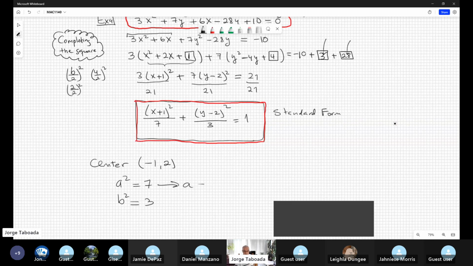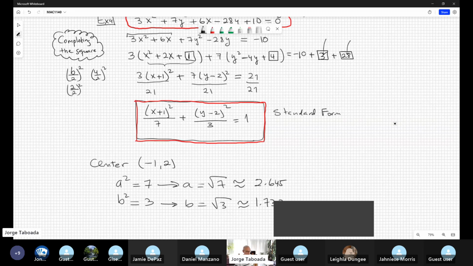Therefore, a is square root of 7, which is irrational, approximately 2.645, truncating to 3 digits. Now b is square root of 3, approximately 1.732.